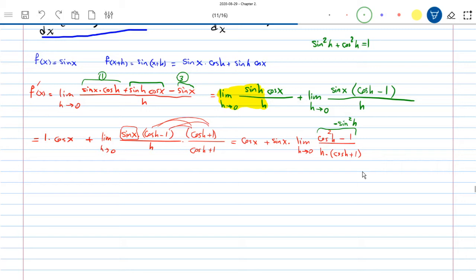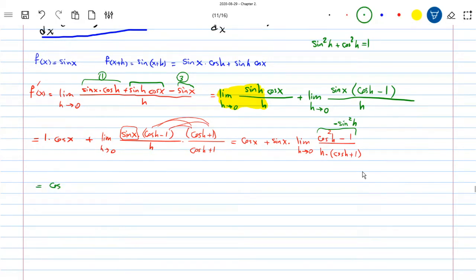So all this was to get to this point of cosine x plus sine x times the limit of negative sine squared h, divided by h times (cosine h plus 1), as h approaches 0. Again, now instead of writing negative sine squared h, I'm going to write it as negative sine h times sine h.